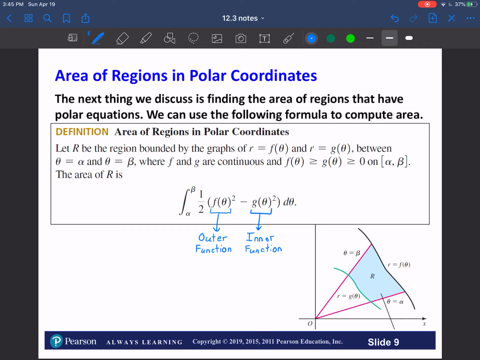Like, what do we really mean whenever we are talking about that? If you take a look over at this picture to the right, perhaps this will give you a good conceptual idea of what outer and inner mean. In this case, the outer function is this f of theta, and the inner function is this g of theta.